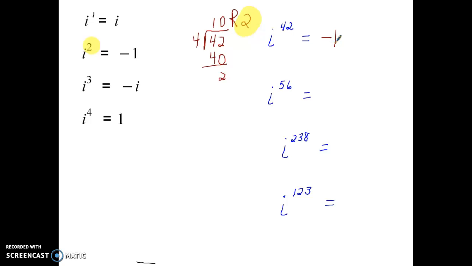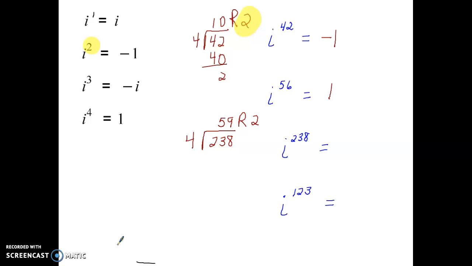My next one, 56. If I take 56 and divide it by 4, I get a whole number. It is divisible by 4. So i to the 56th is the same as i to the 4th power. 238 is not divisible by 4. However, if I were to divide that, I would have 59 and there would be a remainder of 2.